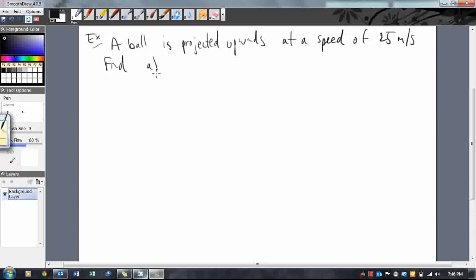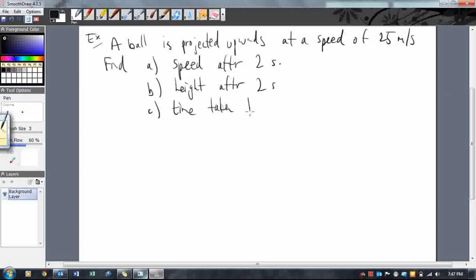Find A, the speed after 2 seconds, and B, the height after 2 seconds. We'll do that. And let's do C, if I can fit it in. Time taken to come back to Earth.